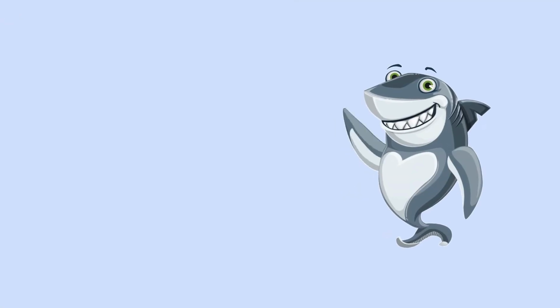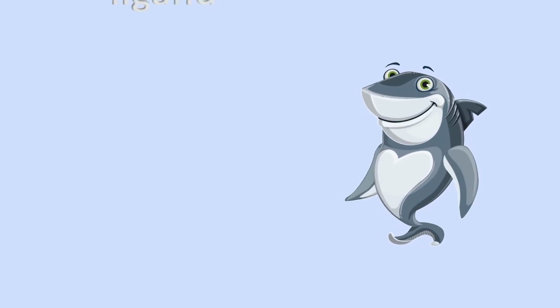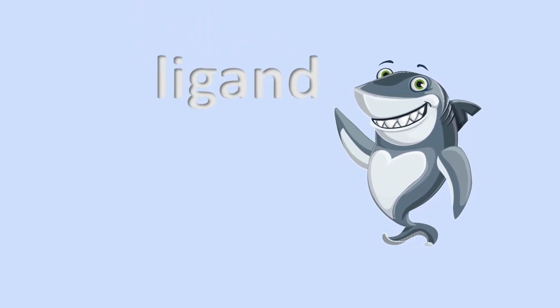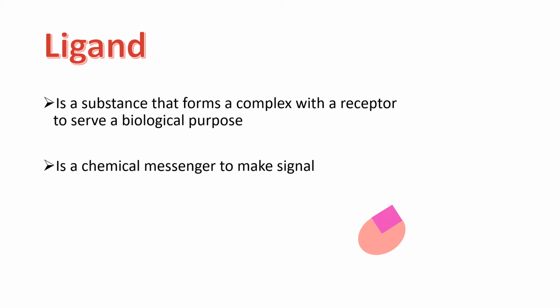Let's see what receptors bind to. A ligand binds to a receptor. A ligand is a substance that forms a complex with a receptor to serve a biological purpose. Also, a ligand is a chemical messenger to make a signal.